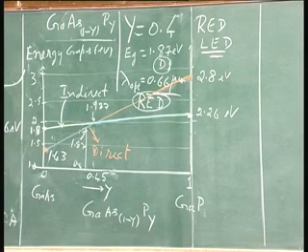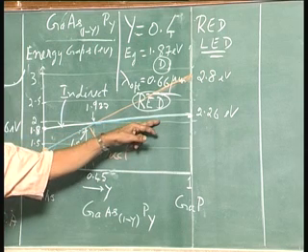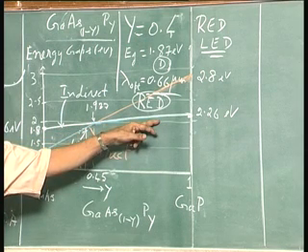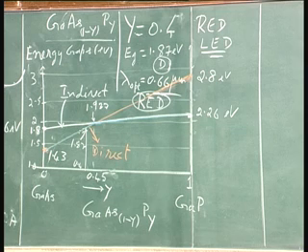Now, next thing that I would like to highlight here is the aspect of whether we can make use of this portion for making light emitting diodes. Because after all, for emitting light, what should be the wavelength?